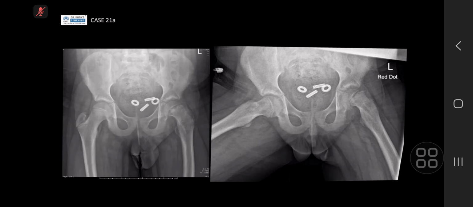If I draw the Klein line, it's not crossing the femoral head, and it's more prominent on the frog view. So findings are suggestive of slipped capital femoral epiphysis at the left femoral head, where there is widening in the growth plate and the left femoral head epiphysis is moving posterior medially, and it's not intersecting the Klein line.